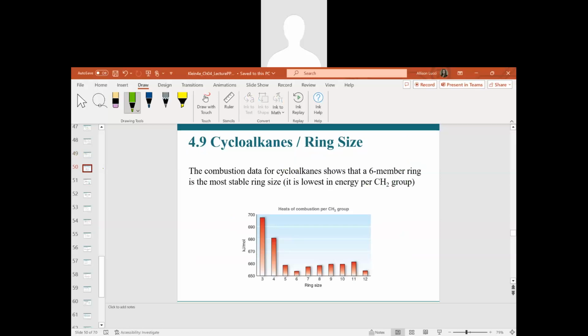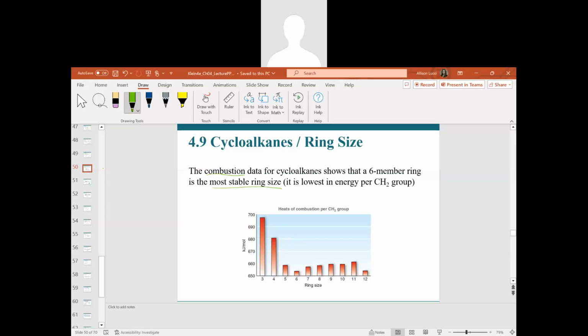So let's take a look here at the combustion data. We saw that with the energy released through heat of combustion, we could see which was the higher or lower energy structure when we compared linear versus branched alkanes. We can also see that cycloalkanes follow a trend with combustion data, and the ring size is our factor that changes throughout our cyclic structures.